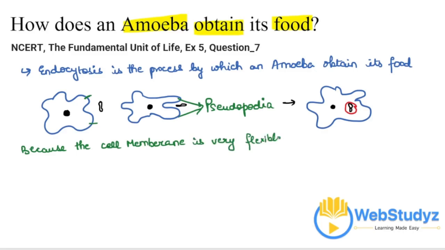It is flexible, that's why it is able to rearrange itself and gather around the food particle through its membranous extensions called the pseudopodia. Because the cell membrane is very flexible, food particles are engulfed forming a food vacuole.